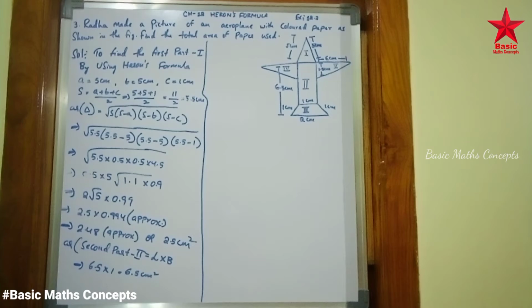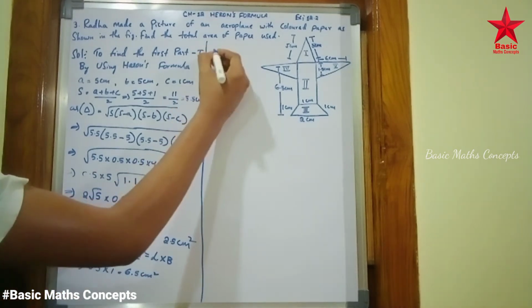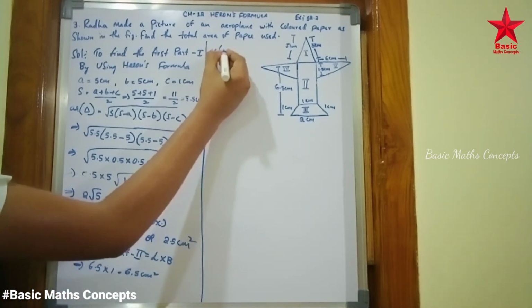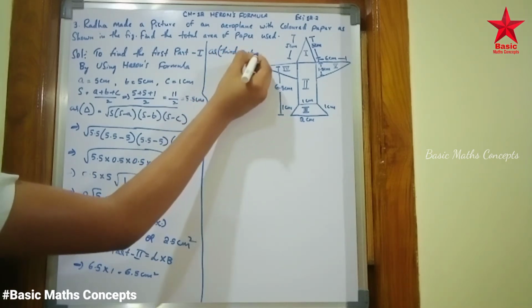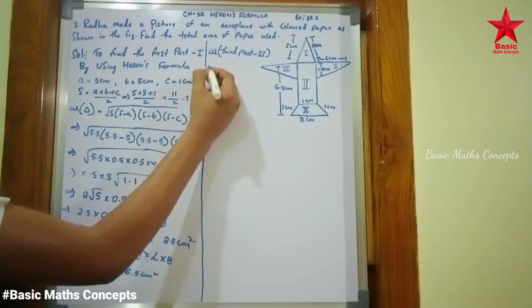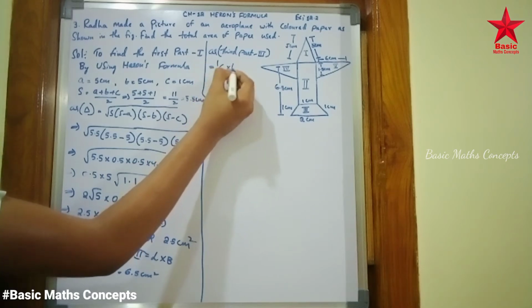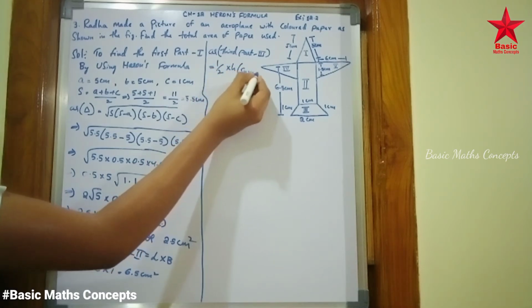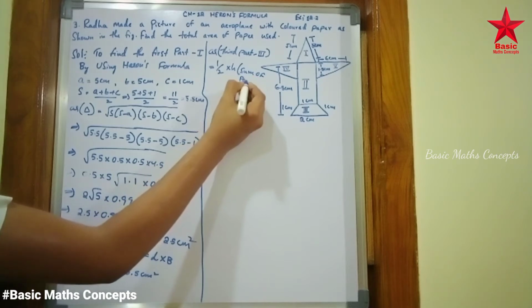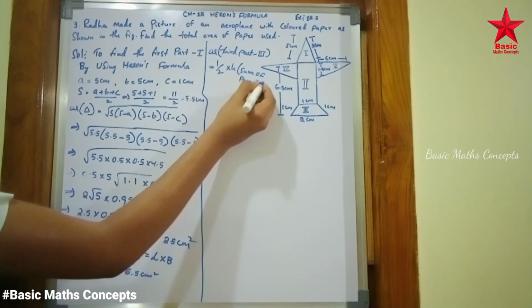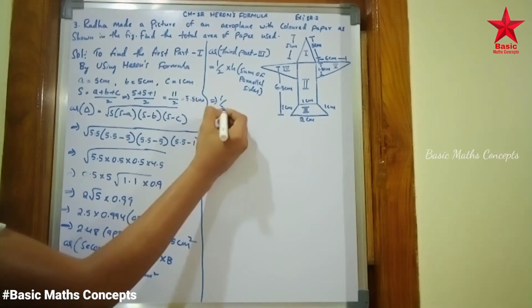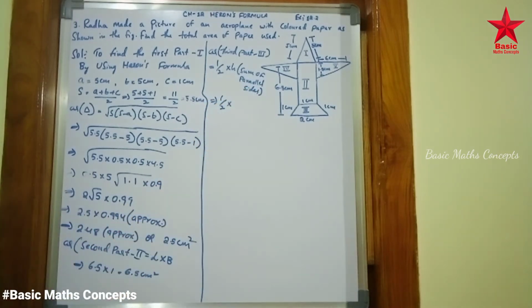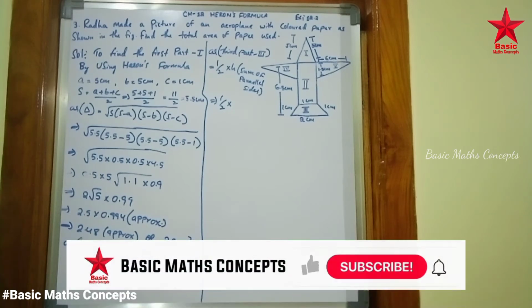Next we have to find the area of the third part. The area is half into height into the sum of parallel sides. What is the height of the third part?